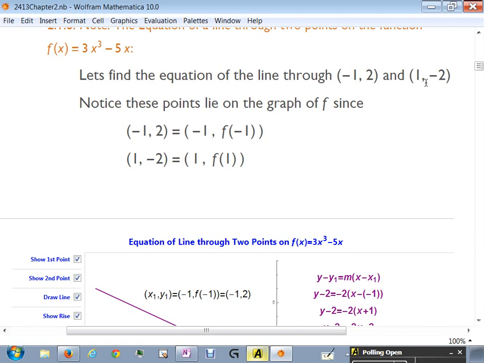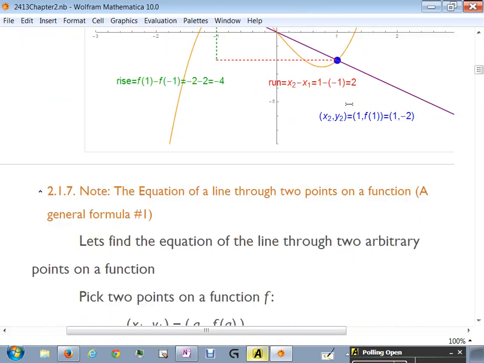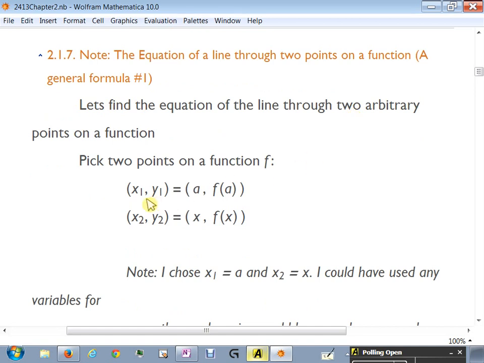In other words, what I'm doing is I'm leaving these points arbitrary. So here's the way I'd like for us to look at it. Instead of calling it x1, y1, and x2, y2, let's call the x1, let's call it a. All right, a is just some number. And then the y-coordinate would be whatever the function's value is at a, wouldn't it? Whatever a is, plug it into the function, that would be your y-coordinate.